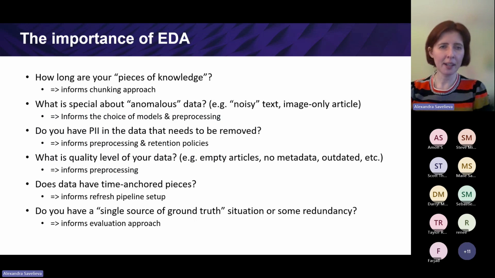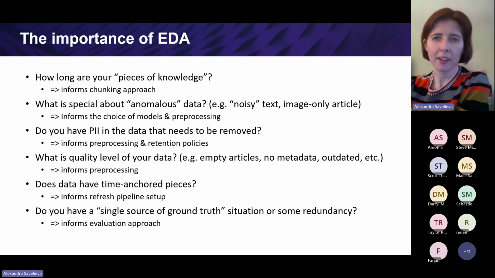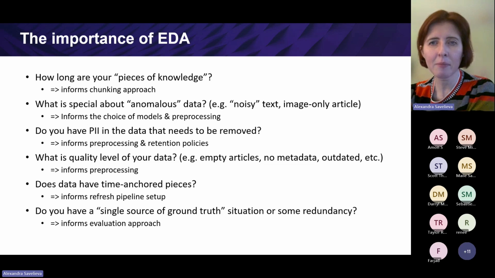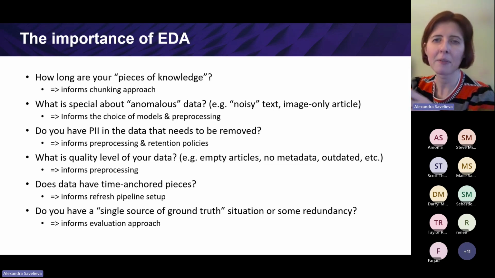So exploratory data analysis, right? It's always taken for granted in classical ML that you start to work on your ML problem by looking at your nulls and looking at a graph of your numeric values. Are there anomalies or not? But this does not necessarily happen when you work with unstructured data. And this is wrong.